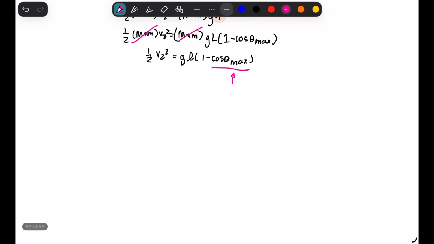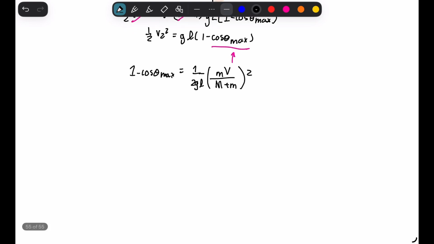So what we're going to do is we have 1 minus cosine θ max on this side, and we have 1 over 2 g L, times (m V / (M + m)) squared.